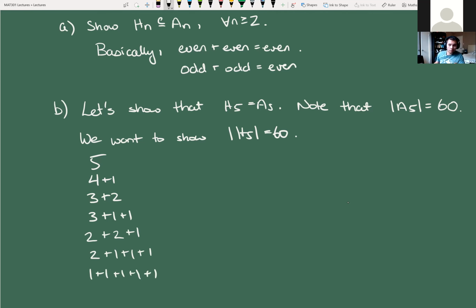Do you agree? This is all the ways that I can write 5 as a sum of positive numbers. Did I miss any? I think I got them all, right?